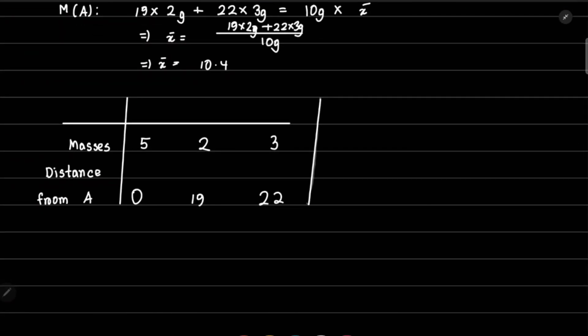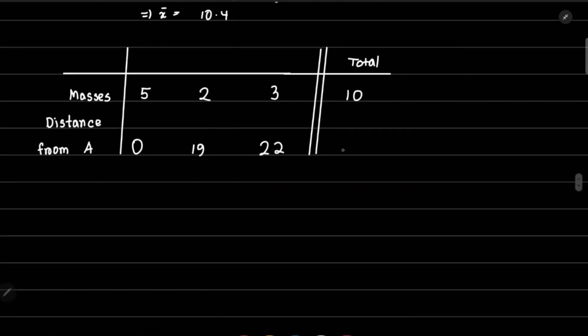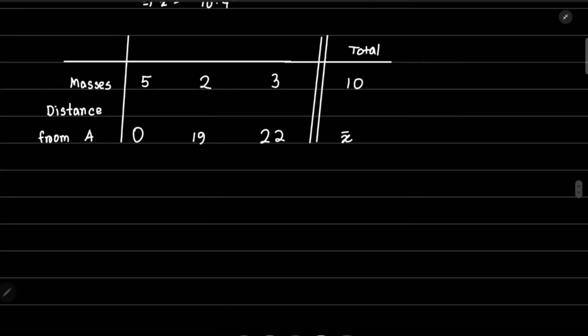Now we'll draw a double line, and on the right it's for the final or total. So the total mass will be 5 plus 2 plus 3, which is 10, and this will be the distance of the center of mass from point A. So in the same method we can solve this.